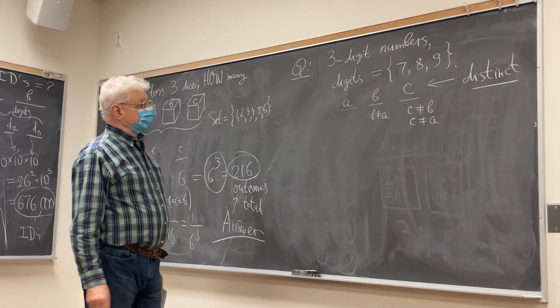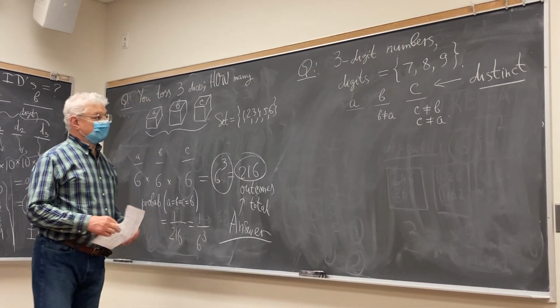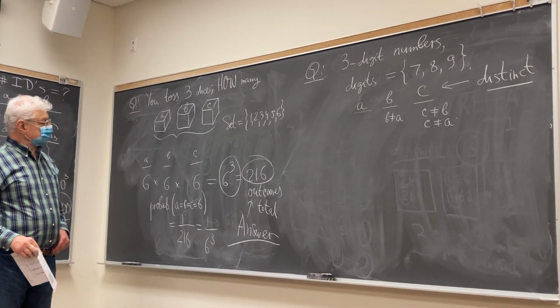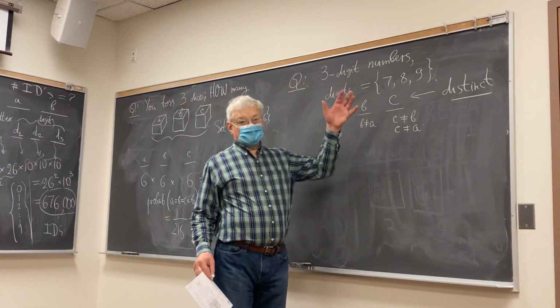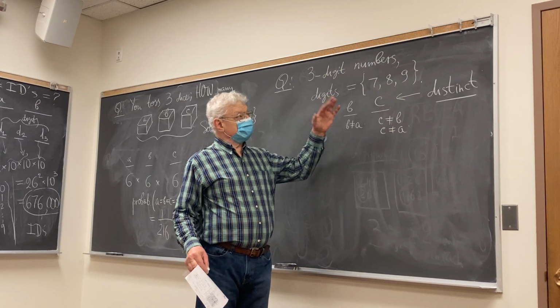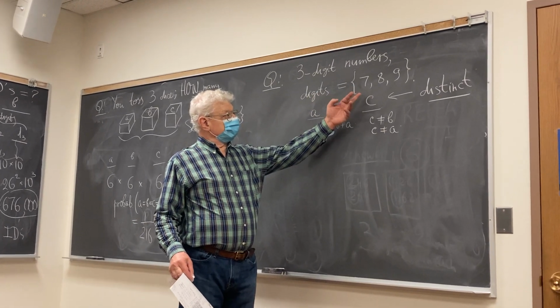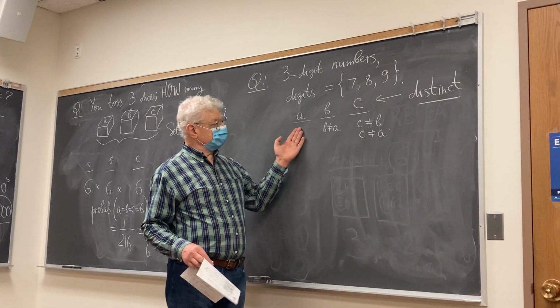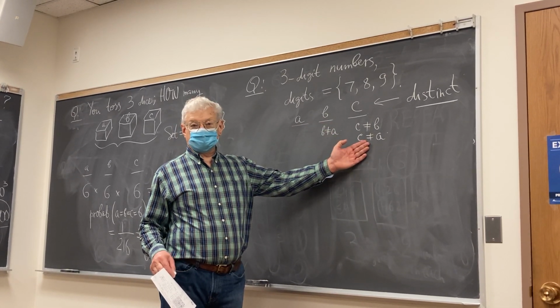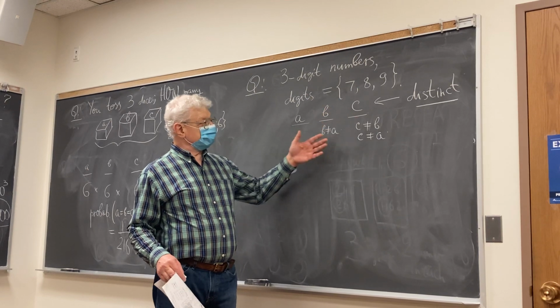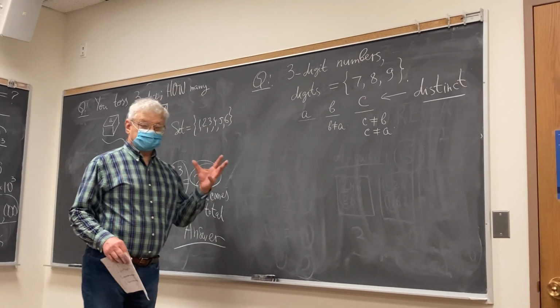So how many such 3-digit numbers? If some of them could be equal, then you have 3 possibilities for this, 3 for that, 3 possibilities for that. So total will be 27. But because you have a restriction, we have much less.